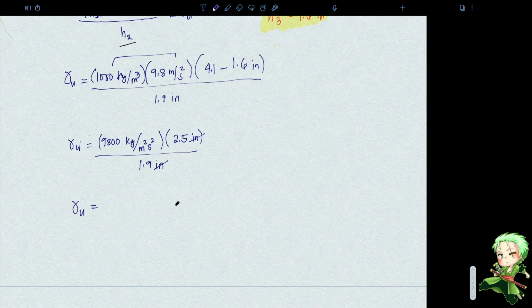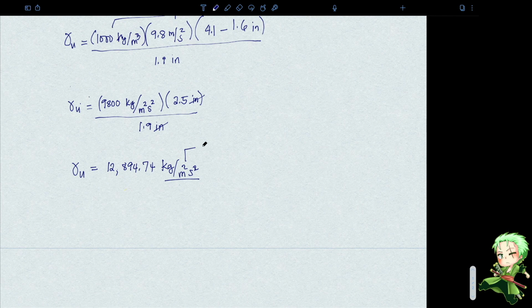So you work with that on your calculator. I'm just plugging in the values, 9,800 times 2.5 divided by 1.9, and I get 12,894.74. The unit is in kilogram per meter squared second squared.